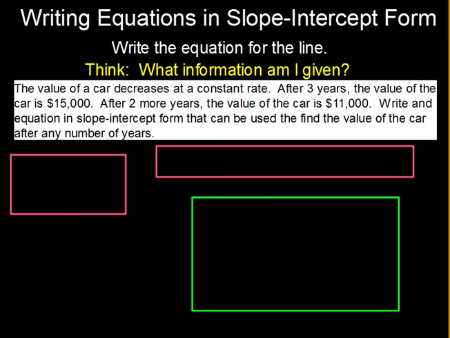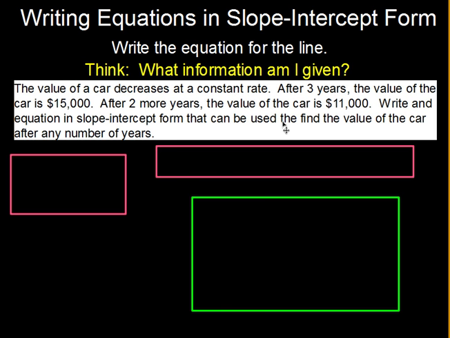Alright, and finally we have another verbal representation. The value of a car decreases at a constant rate. After 3 years, the value of the car is $15,000. After 2 more years, the value of the car is $11,000. Write an equation in slope-intercept form that can be used to find the value of the car after any number of years.